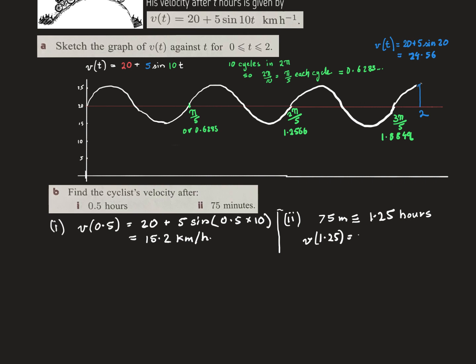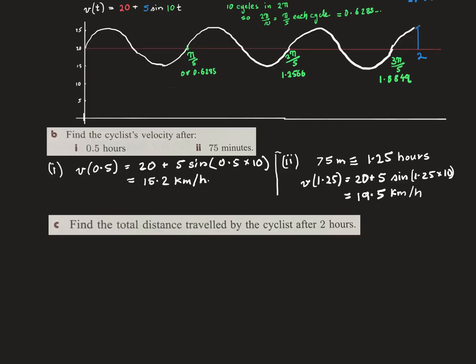So we get 20 plus 5 sine of 1.25 multiplied by 10, and we work that out to be 19.5 kilometers per hour.